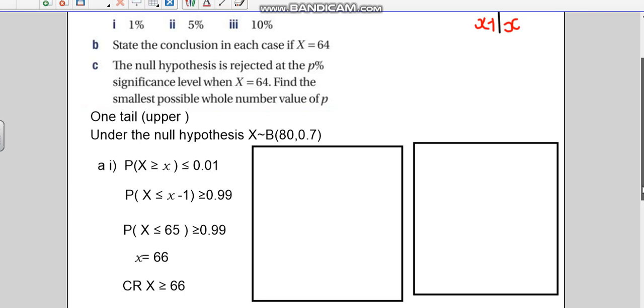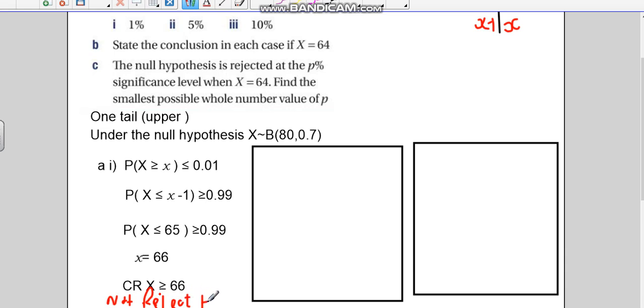So then to answer part B, state the conclusion if x is 64. Well, x is 64 is going to be in my acceptance region, so I would not reject H0.